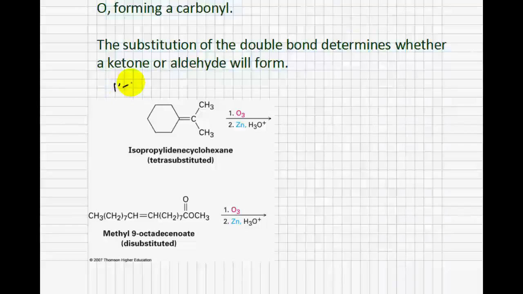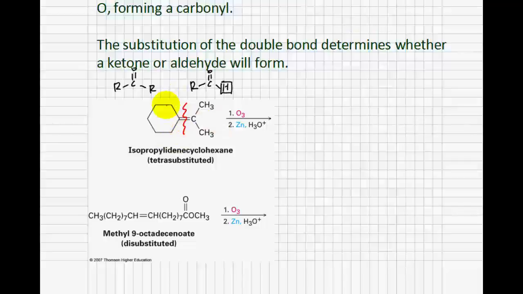A ketone has 2 R groups attached to the CO double bond. An aldehyde has just 1 R group and an H. So if there was an H on one side of the double bond, if you do ozonolysis, you'll make an aldehyde. So let's do ozonolysis of this one here. This is a tetra-substituted double bond, so it has 4 R groups coming out of it.